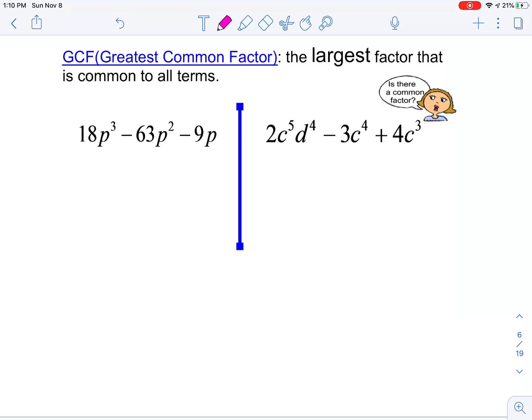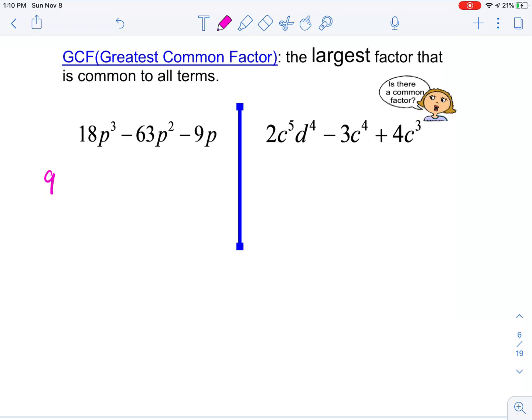And essentially what we are doing is factoring out the largest factor that is common to all of our terms. So that includes coefficients and variables. So looking at the first example, first I look at my coefficients, 18, 63, and 9. What do all of those numbers have in common? And that is a 9. But I also need to look at the p-values.